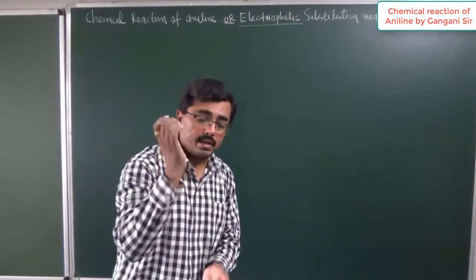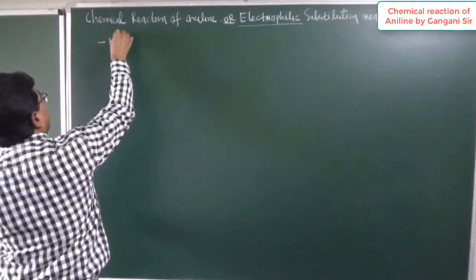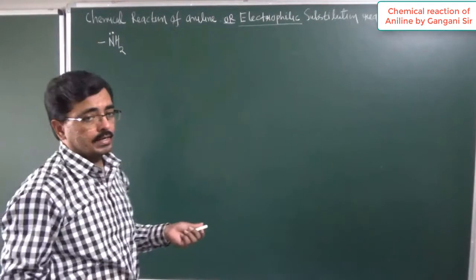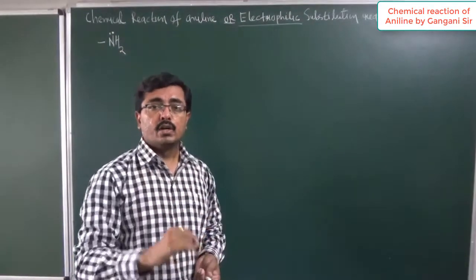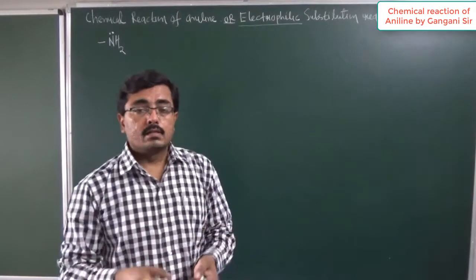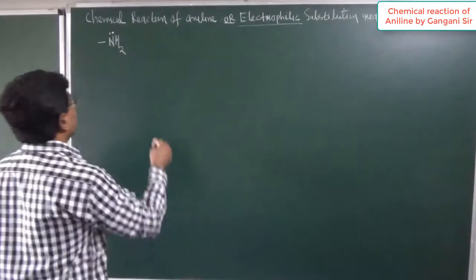Question will arise why? Whenever we are taking an amine, the nitrogen of amine has a non-bonding electron pair, it has a tendency to donate electron pair. And you know that the substance which donates electron pair is known as a Lewis base.